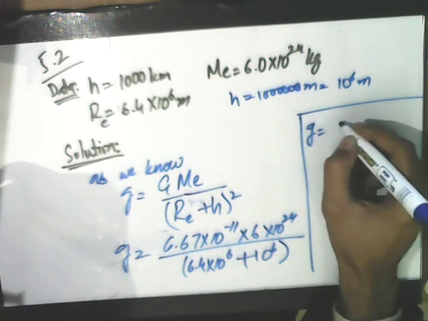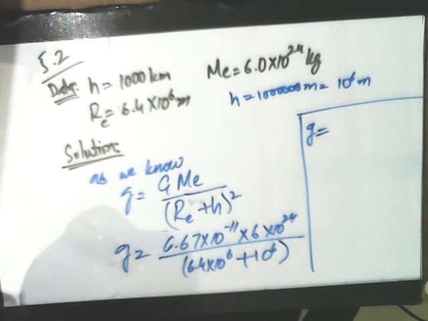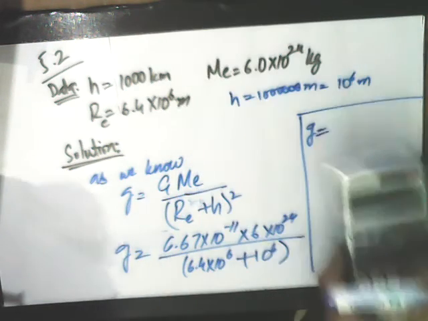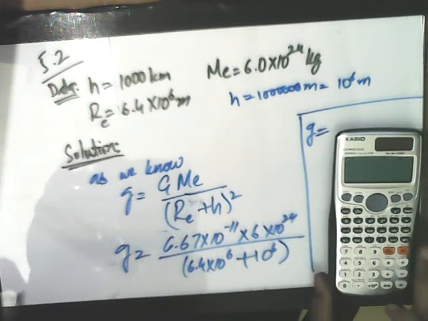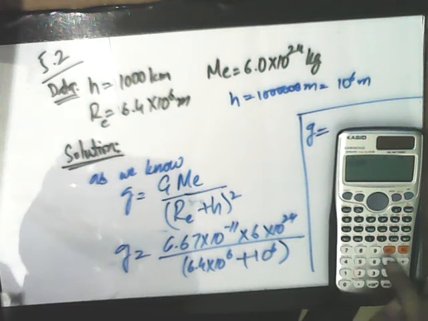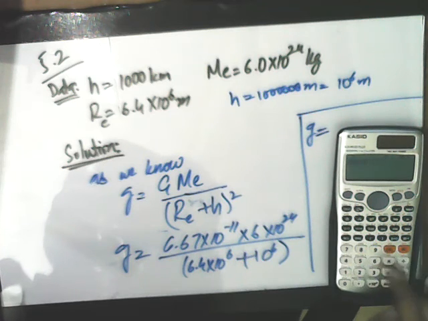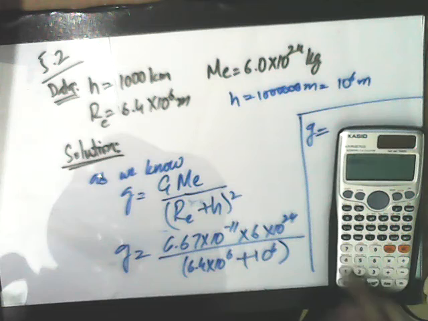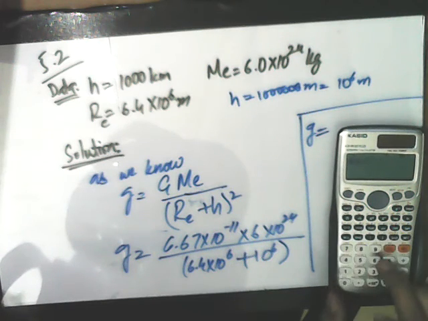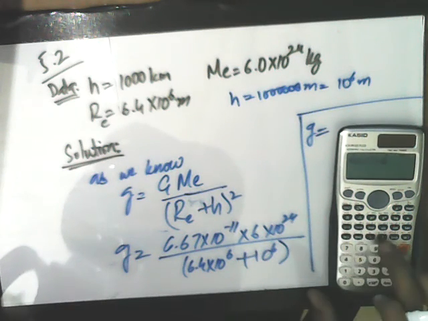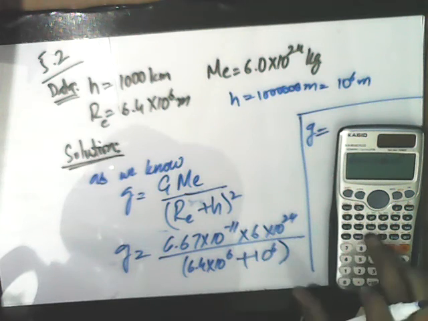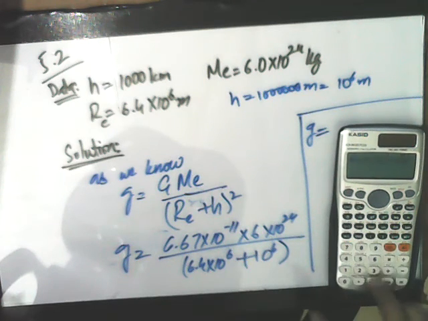So g is going to be, if you calculate this, 6.67 exponent minus 11 multiplied by 6 exponent 24, divided by, and this has to be added, 1 power 6 added to 6.4 to the power 6.